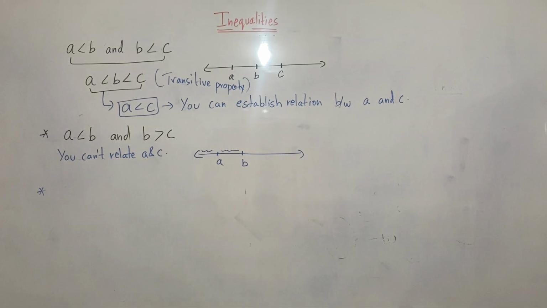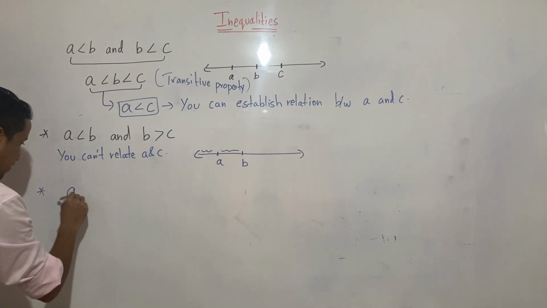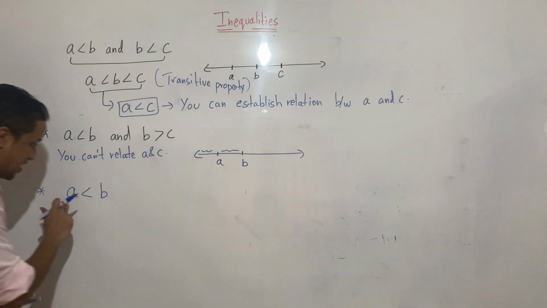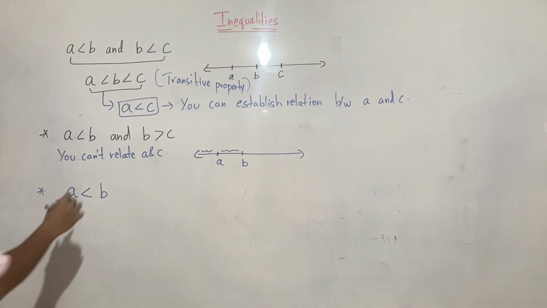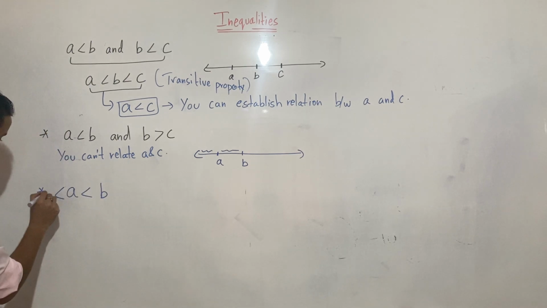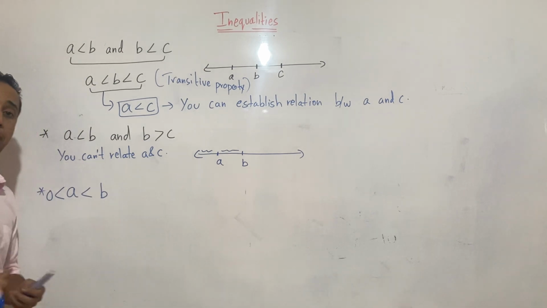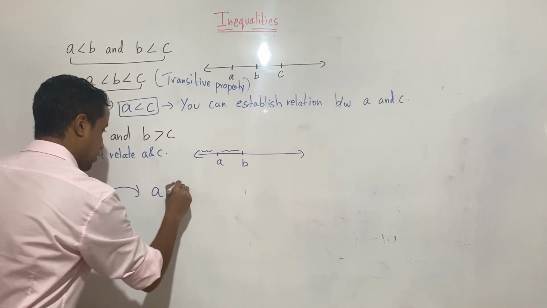Now, let's say that we have this inequality, a is less than b, provided that a and b are positive real numbers. Means that here I can say this. So it means that a and b are positive real numbers, and a is less than b.